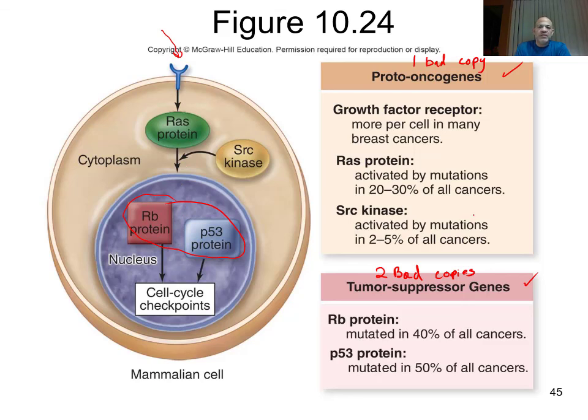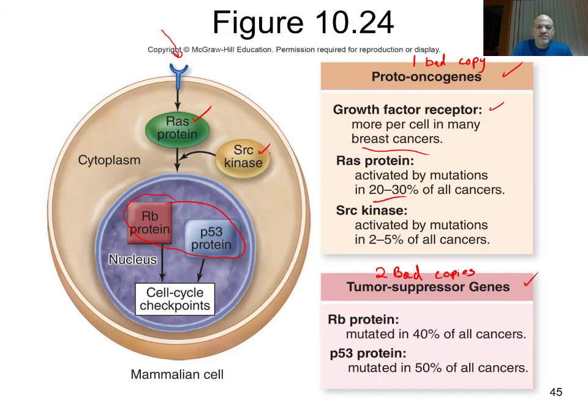So when we look at some of the proto-oncogenes, a mutation in the growth factor receptor is found in many cases of breast cancer. When one of those protein kinases involved in the transduction pathway, the RAS protein, is mutated, that happens in 20 to 30% of all cancers.